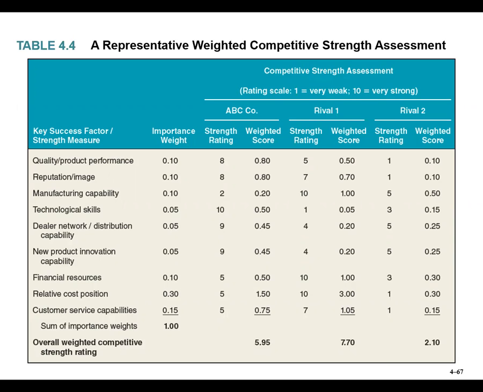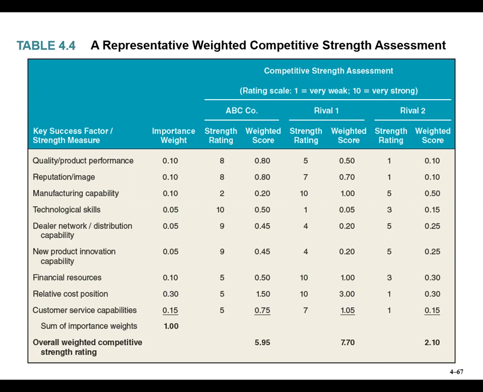And then our score for ourselves: we are very high in technological skill, and in distribution and new product innovation. But we are medium in what we think are the most important things, like the cost position, customer service, financial resources, even the manufacturing capability. This is related to your question.